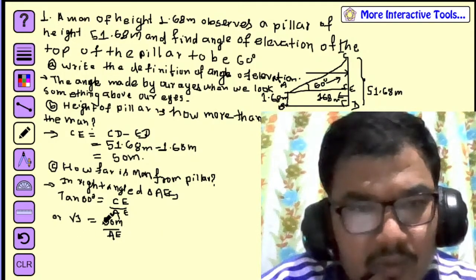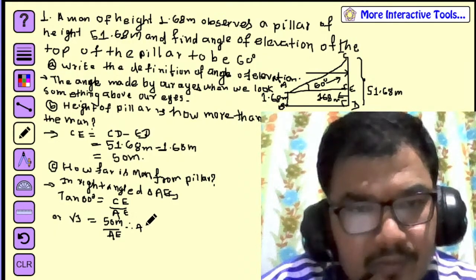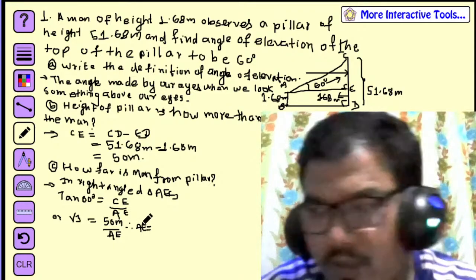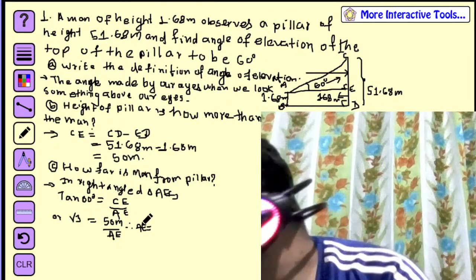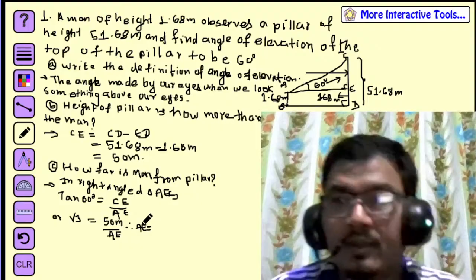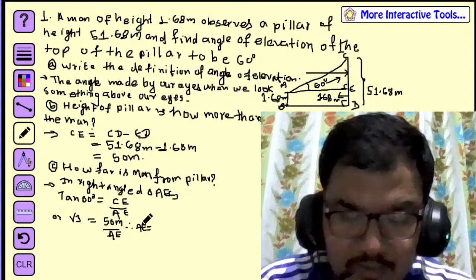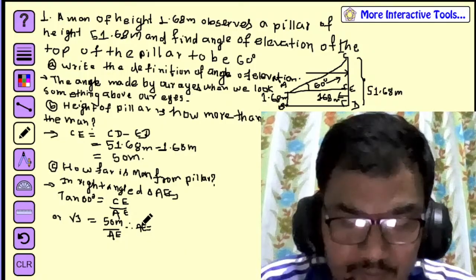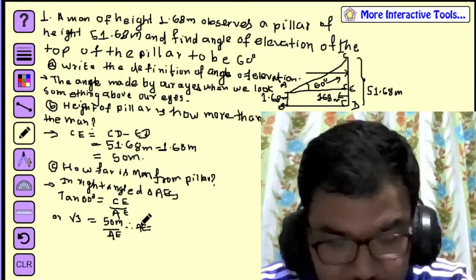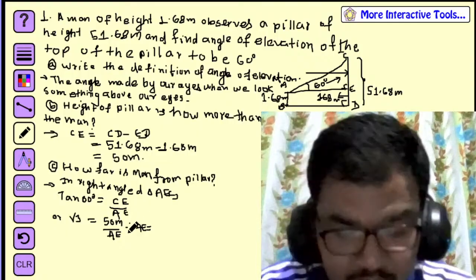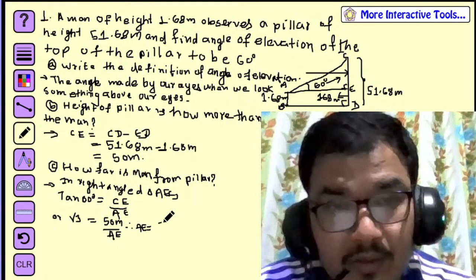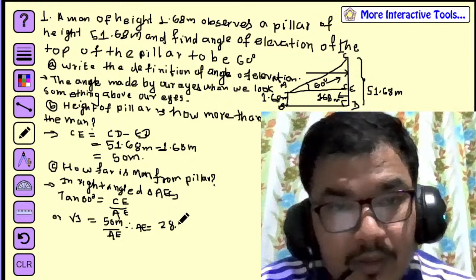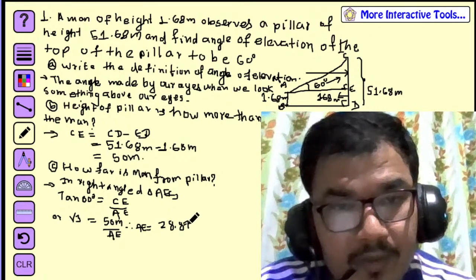Now when you cross multiply, A goes here, then this root 3 will come down to divide. Therefore A equals, you can divide it and write down, and it will come in decimal. When you divide it, you will get 28.87 meter.